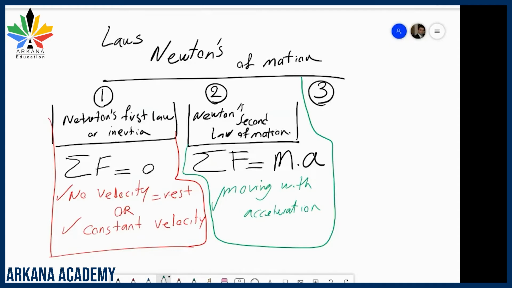Now, the third law of motion is a little bit different compared to the first law and second law. The first law and second law are the two categories of motion, one with constant velocity or no velocity, the other one with acceleration. But Newton's third law of motion talks about something completely different.